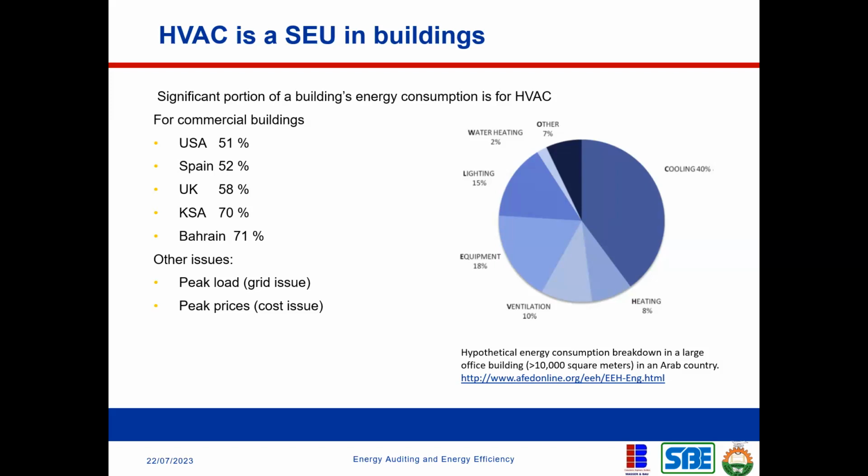For commercial building, I specifically said commercial building. When you go to industrial buildings, it is not cooling. If you go to industrial buildings, can somebody tell me what consumes the most energy in an industrial building? We will get to that, but I just want to see how we can respond to this. In an industrial building, what is the highest energy consuming unit?